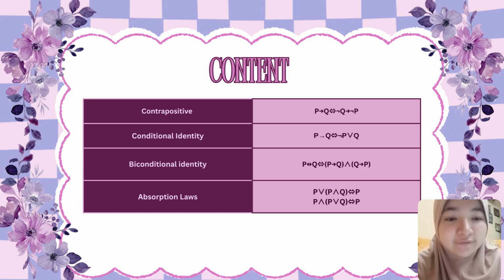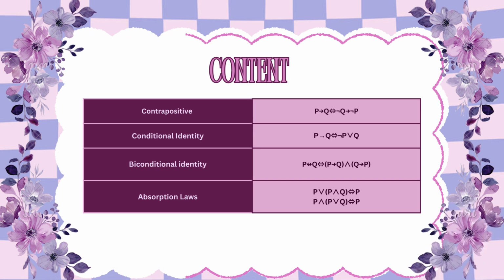And the last one, we have absorption law. For absorption law, we have P or open bracket P and Q close bracket is logically equivalent to P, and the other one is P and open bracket P or Q close bracket is logically equivalent to P.